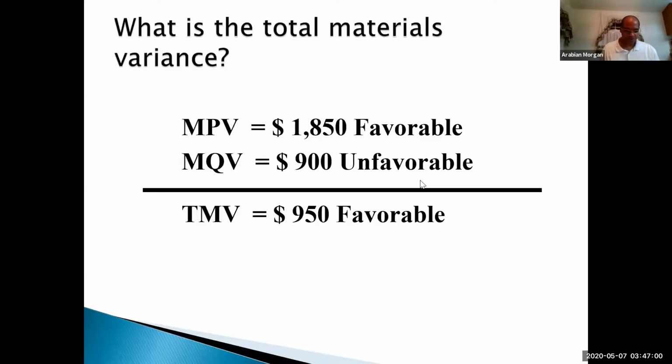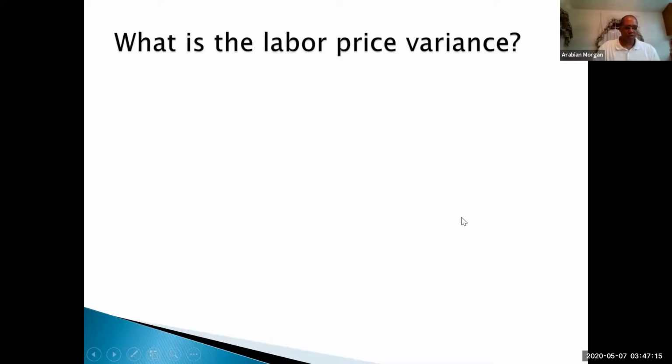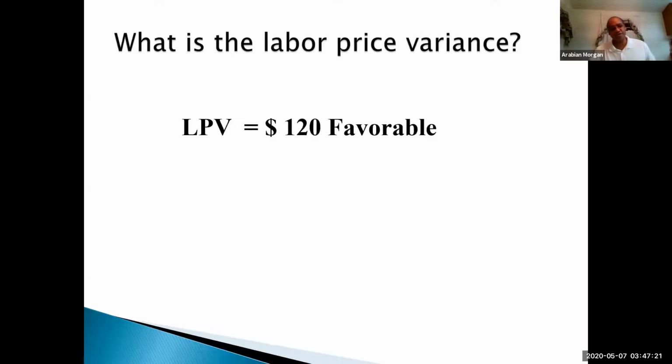So on page 430, the labor variances. The labor price variance, number 4 on page 430, you should have gotten $120 favorable.